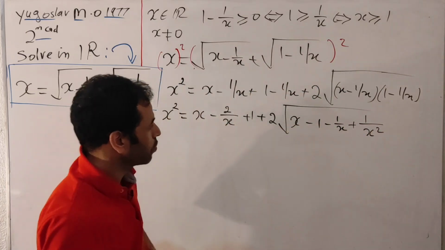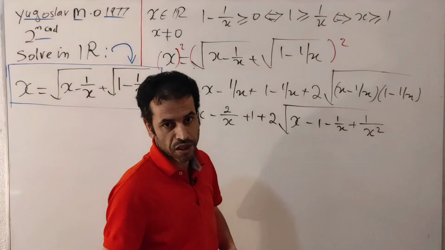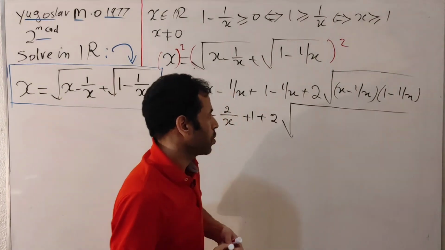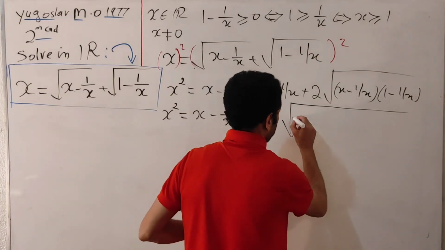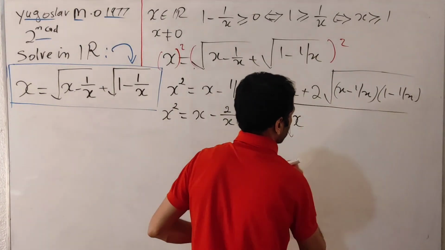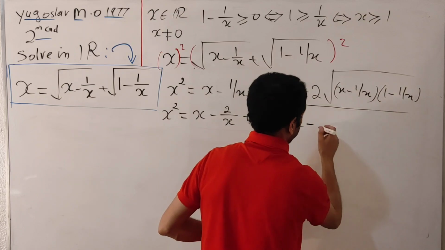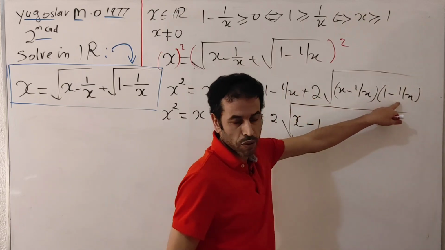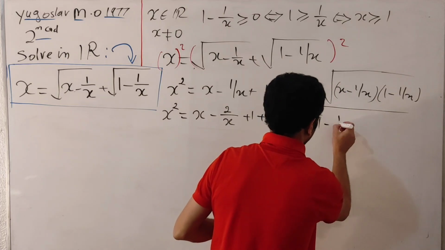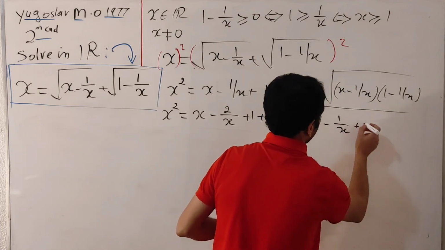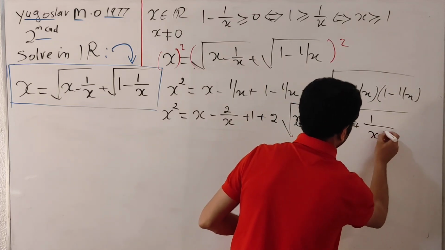Then I'm going to distribute this product: I will have x because x is multiplied by 1, the next term I will have minus 1 because x multiplied by the reciprocal of x gives us 1, the third term I will have minus 1 over x, and the last term I will have 1 over x squared.